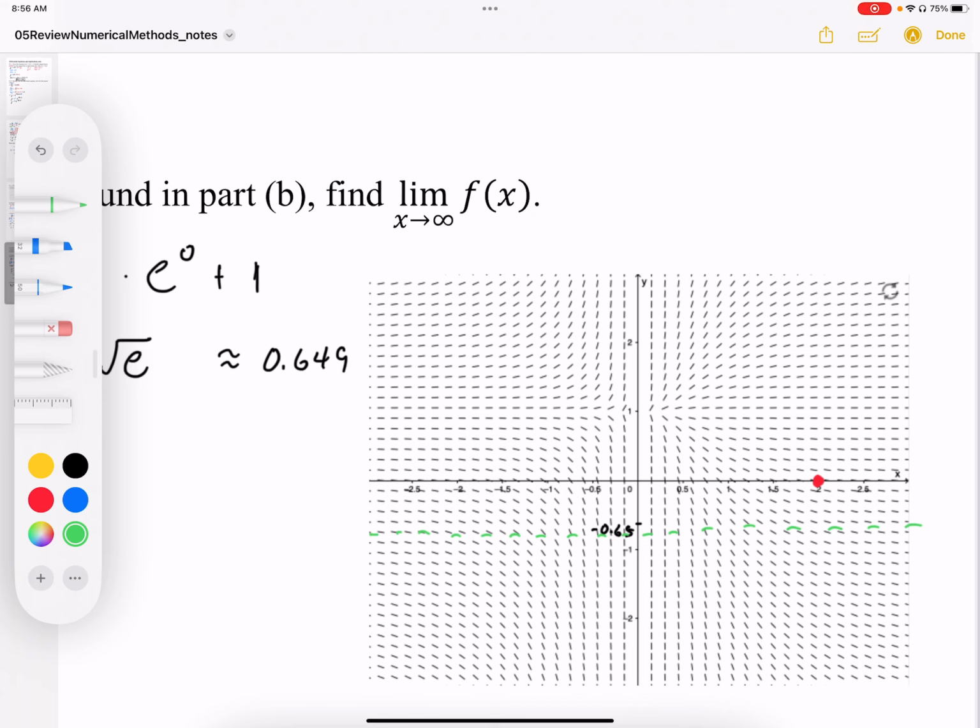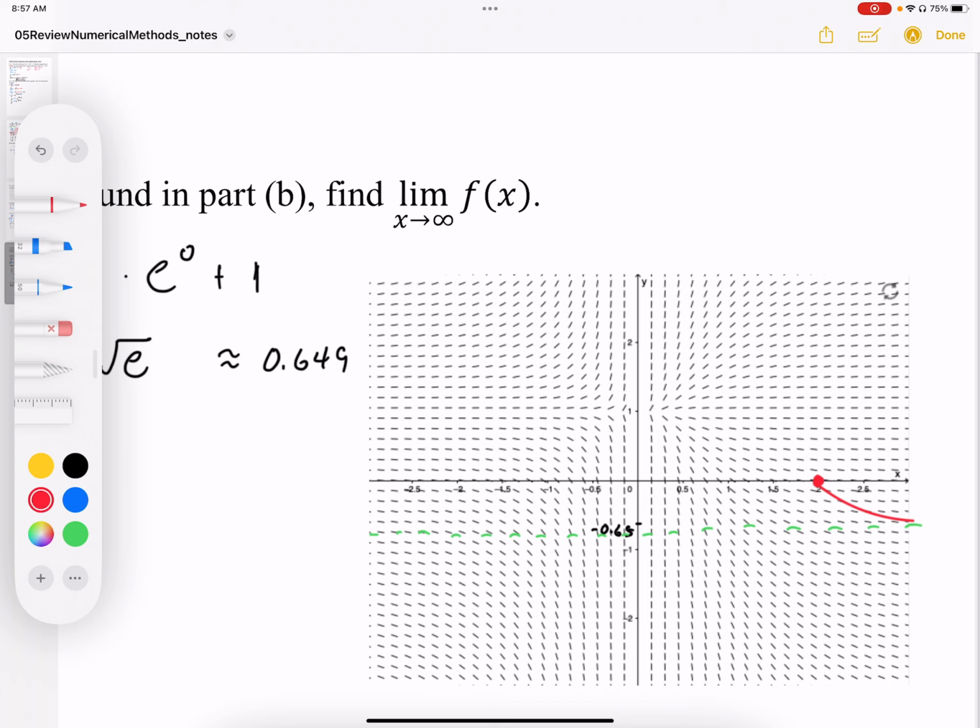Okay, so as we draw this graph, we follow the slope lines, we can see that it's going to follow these slope lines in this direction here.